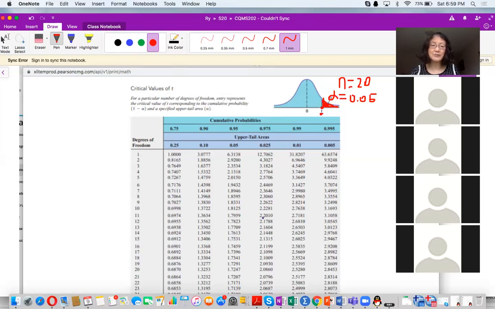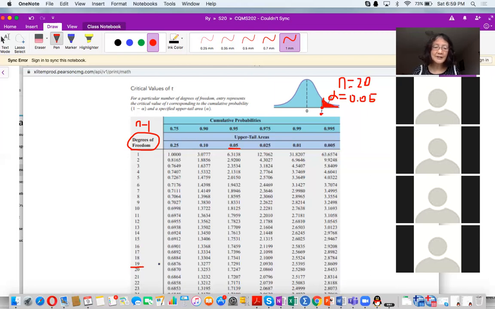So go to this table. Upper tail area 0.05. See, this is upper tail area 0.05. And then locate degree of freedom. In the T table, sample size minus 1 is degree of freedom. So I have sample size 20, minus 1 equal to 19. I locate 19.